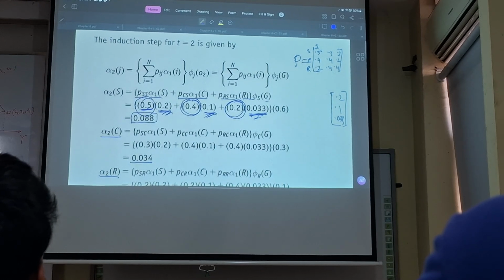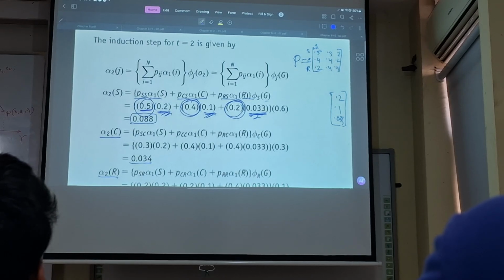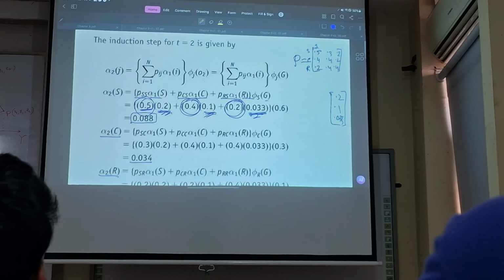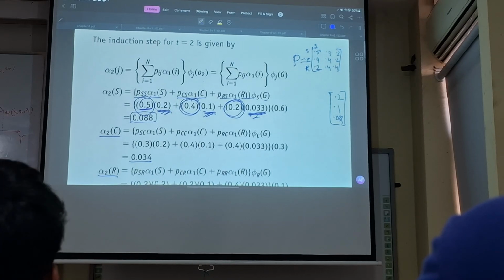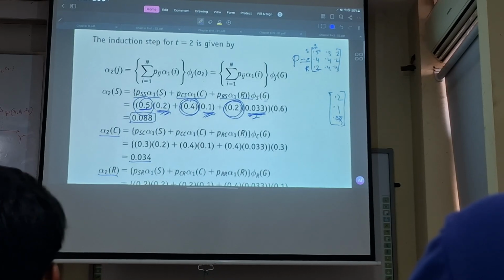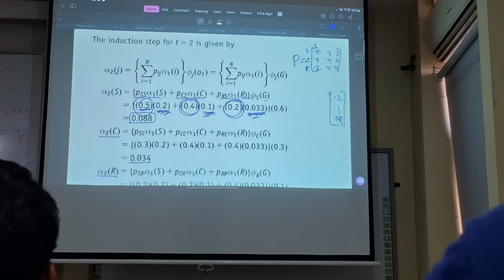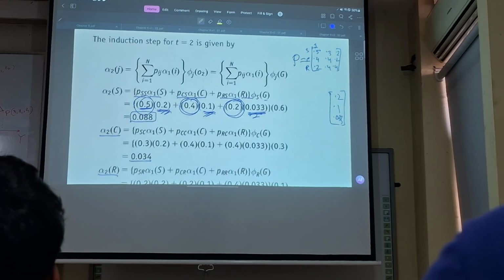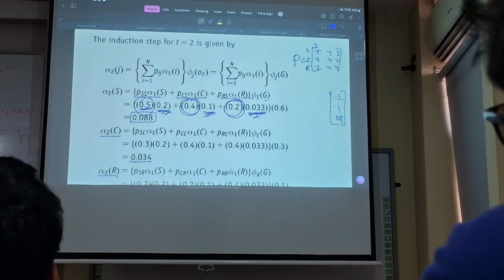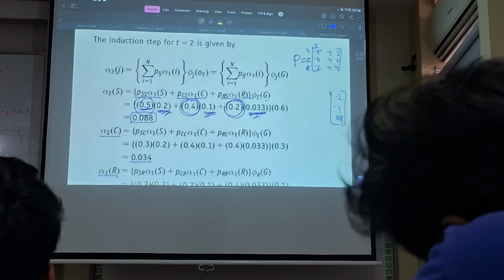How can we get this? The first column. How can we do that? So, what should our operation be? Forget about this one.